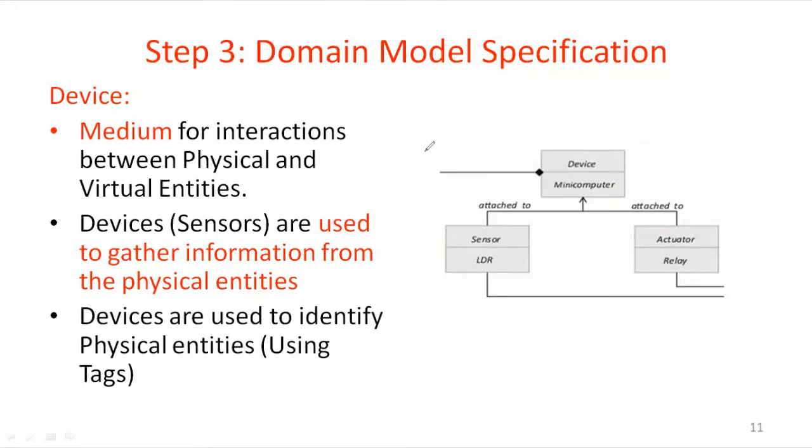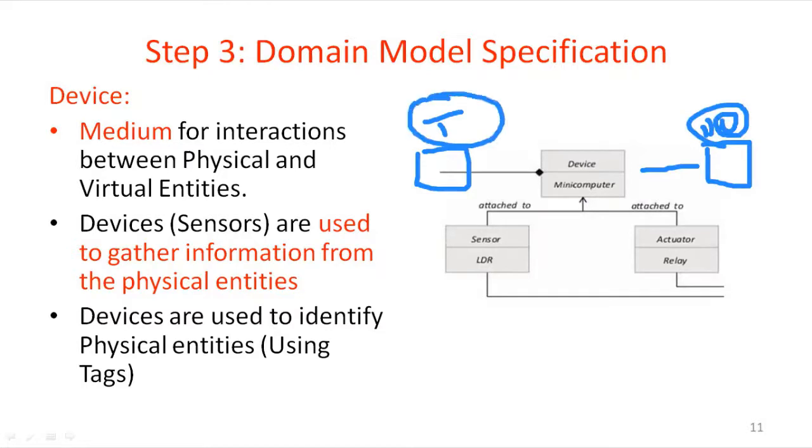For example, there is a physical entity and a logical entity. Let us assume the temperature is converted into digital format. For the corresponding temperature, the physical form, the digital format is called the logical entity.